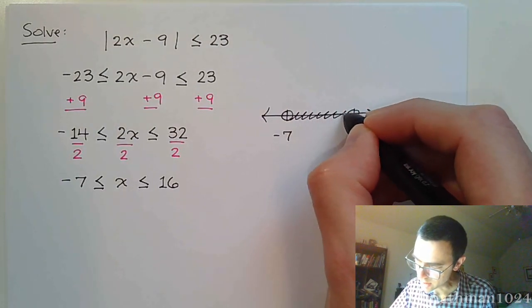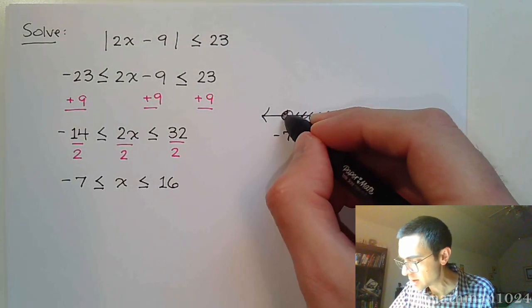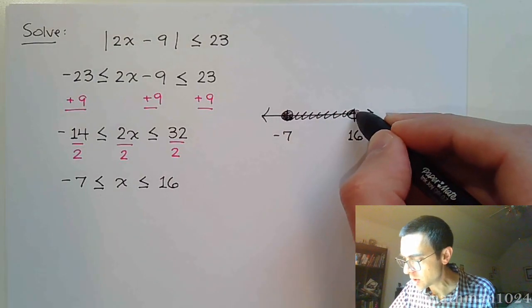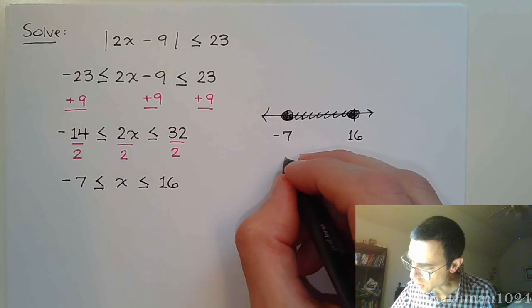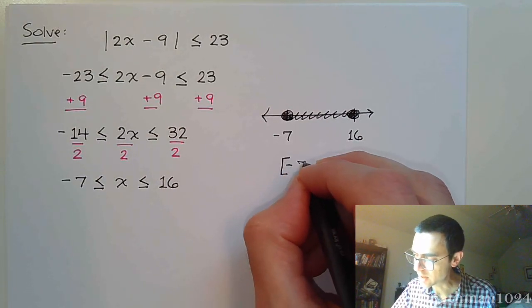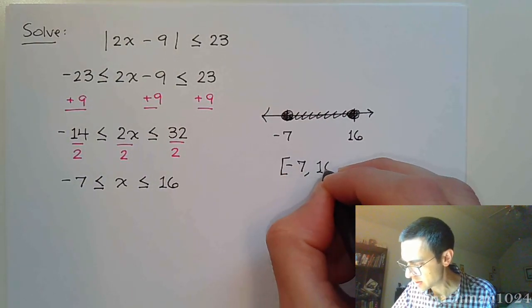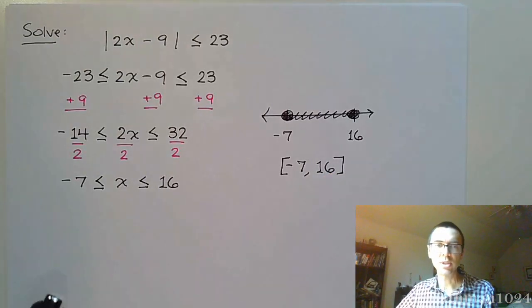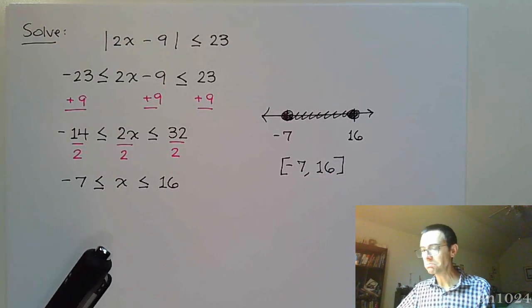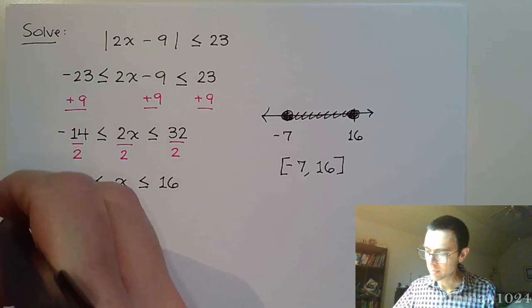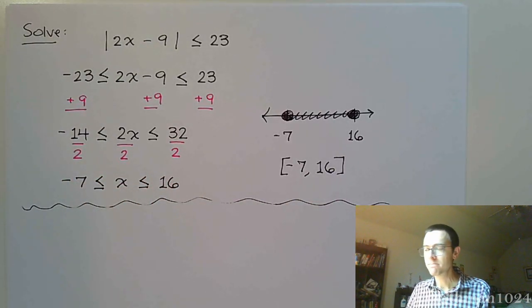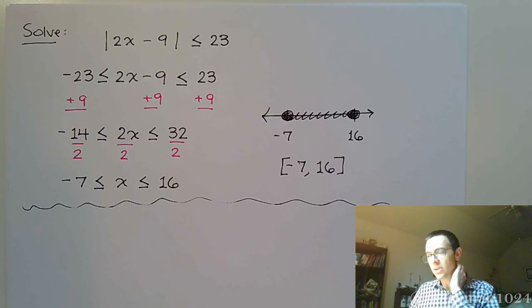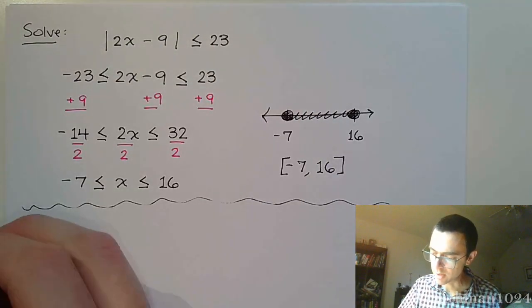You are including everything in between these, and you are also including those endpoints, negative 7 and 16. So your interval notation is from negative 7 to 16, right? Hopefully no big issues with that. The big thing is understanding that this is an intersection because of the direction of the inequality.